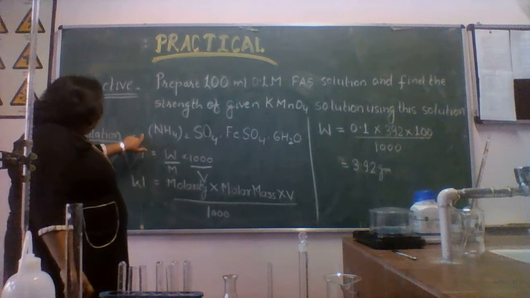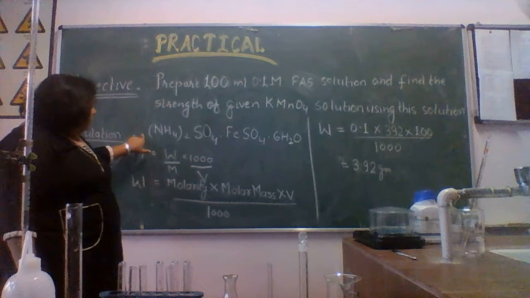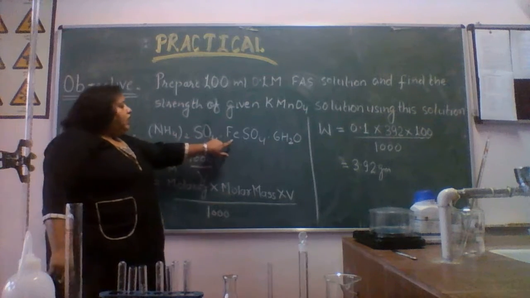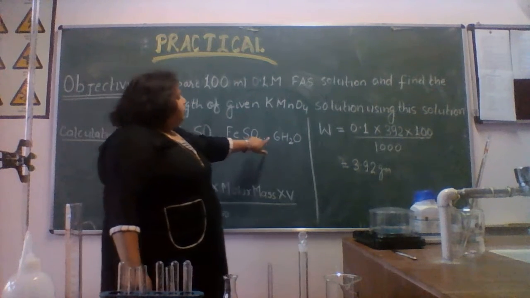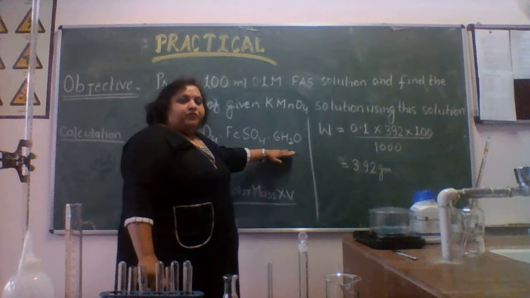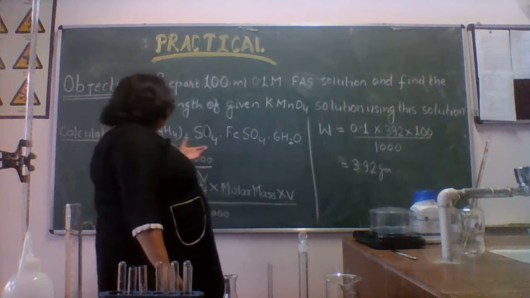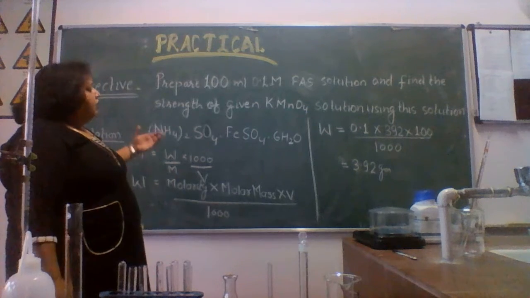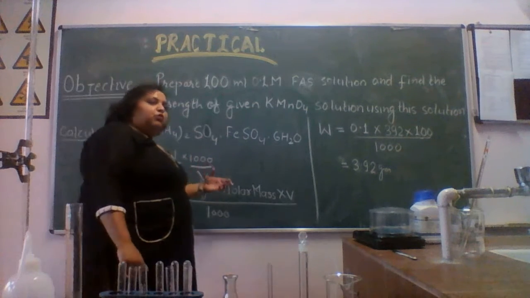This is the formula of the ferrous ammonium sulfate, (NH4)2SO4.FeSO4.6H2O, and from here I have calculated the molar mass.